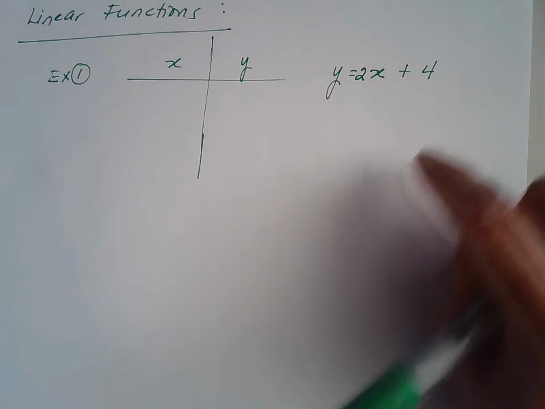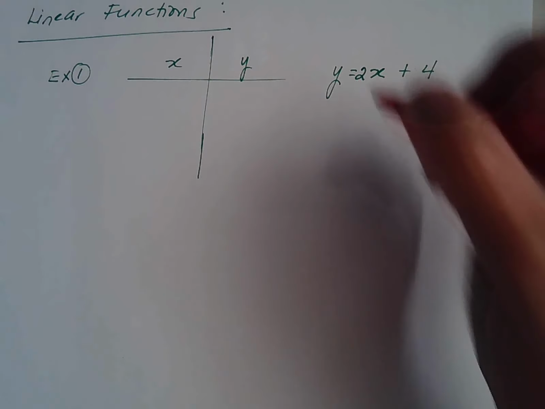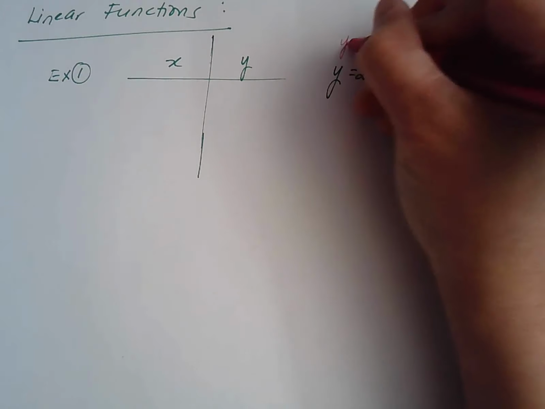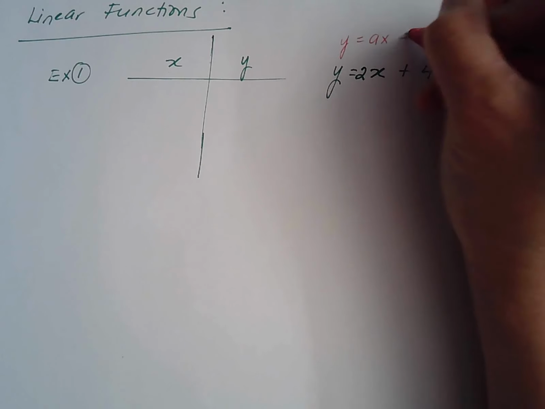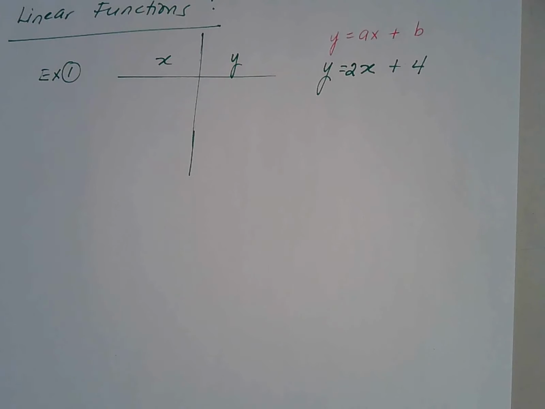Do you recognize this from our last lesson? Yes, that's a linear regression. We said that on the calculator, we saw this. Okay, let's see if we can piece those things together.